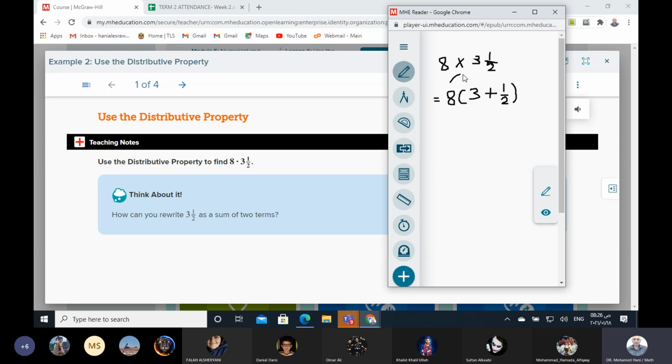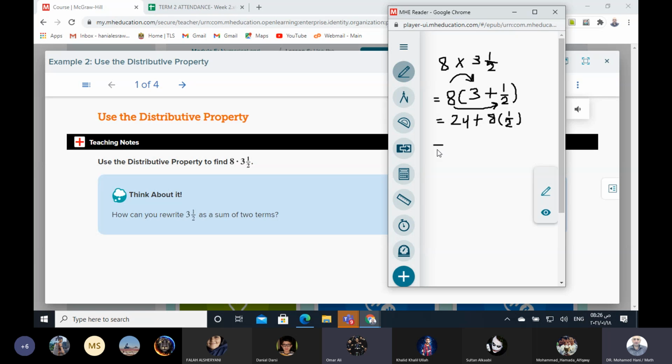Take 8 multiplied by 3. 8 times 3 will be 24, plus. Then take 8 multiplied by half. 8 times 1 over 2.